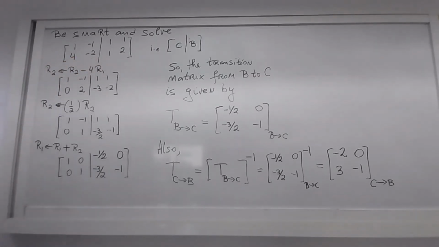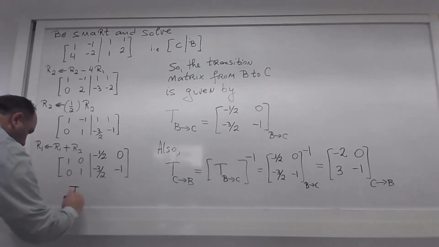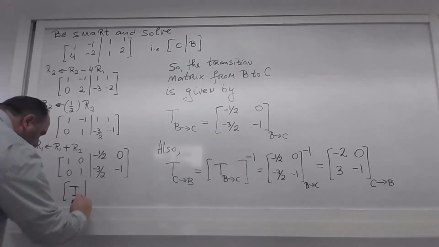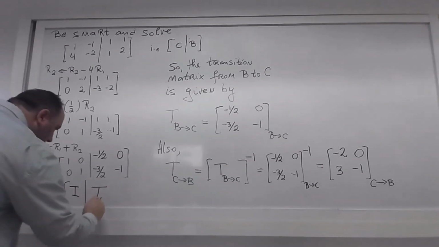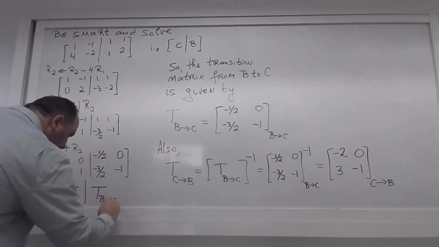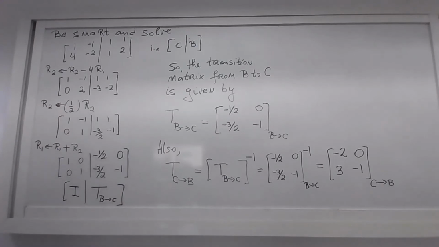So I apply Gauss-Jordan. Hopefully I didn't make any errors. At the end I'll have the identity here. So this is the form: identity slash transition matrix from B to C. That's what is going to happen when you have these square systems.